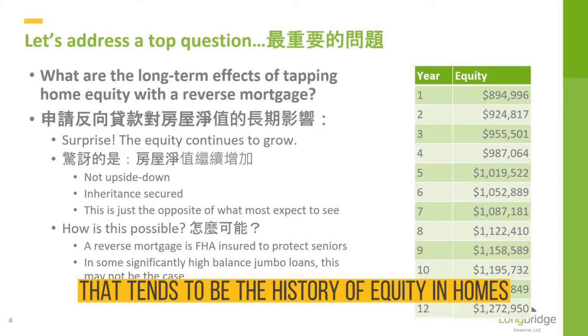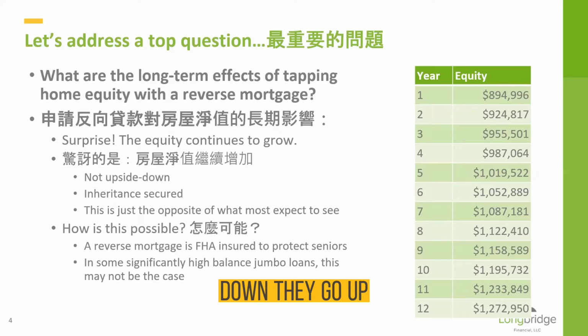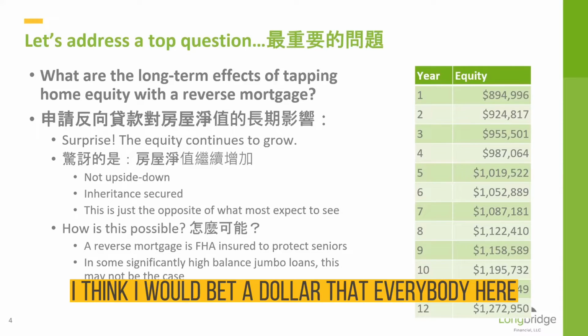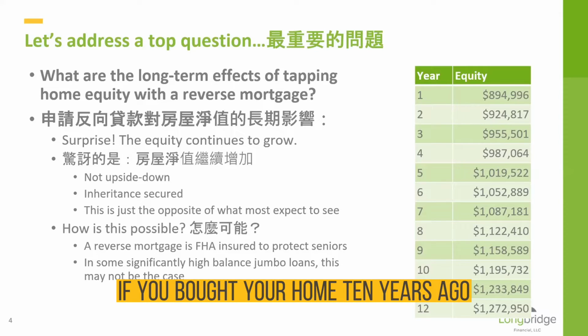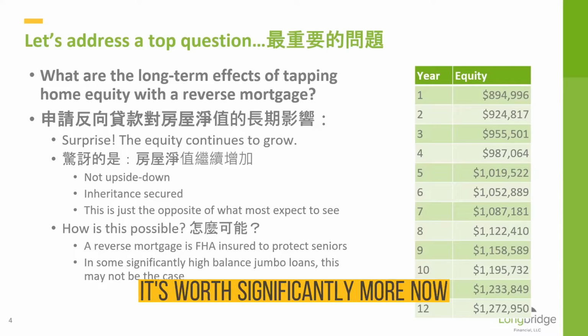That tends to be the history of equity in homes. They go down, they go up, they go down, they go up, but ultimately, I would bet $1 that everybody here, if you bought your home 10 years ago, it's worth significantly more now.